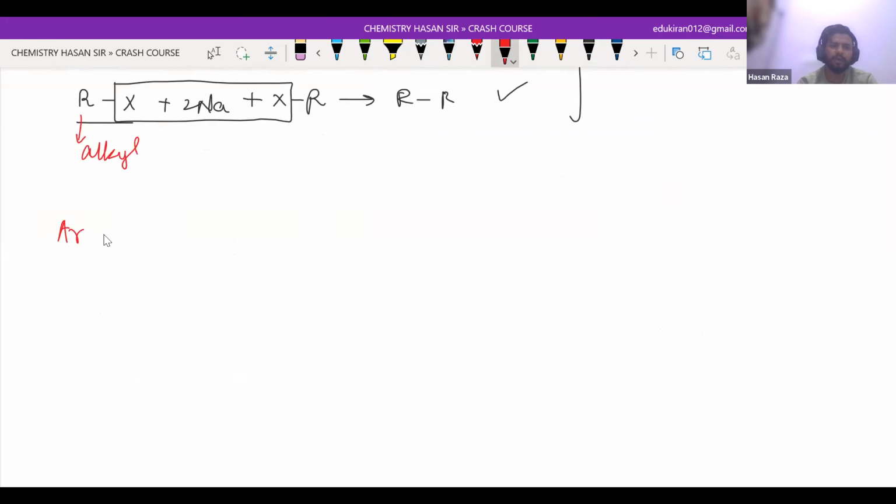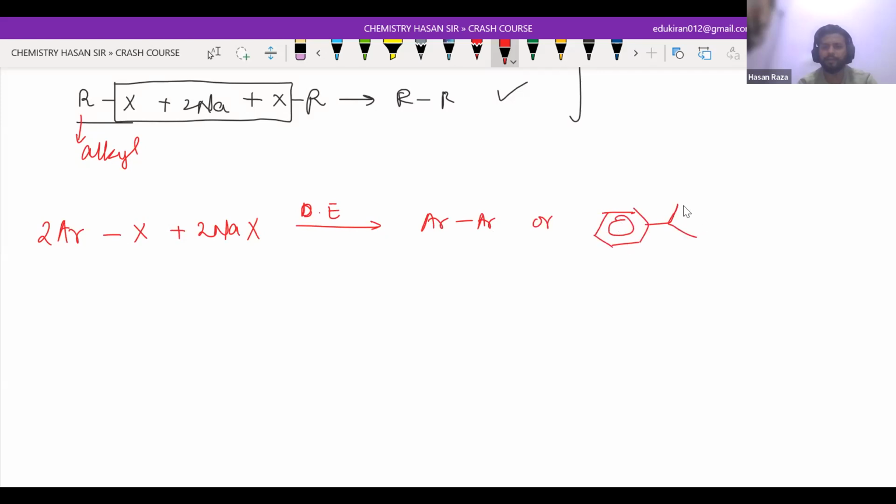But if you are going to take aryl halide, this is also in the presence of dry ether, you will get Ar-Ar, that means biphenyl. And this reaction is known as the Fittig reaction.